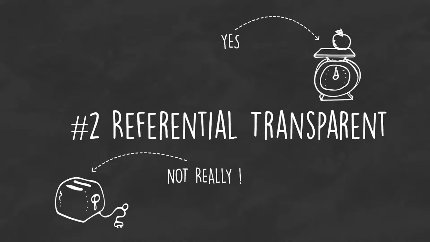All right. The second principle is to try to develop your functions or methods to be as referentially transparent as possible. Referentially transparent is a big word. It might scare people who don't have experience with functional languages, but it's actually quite simple.